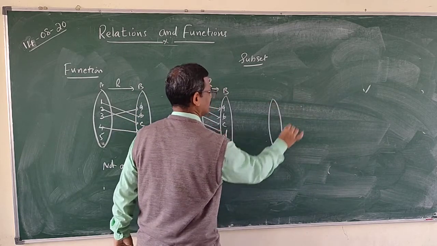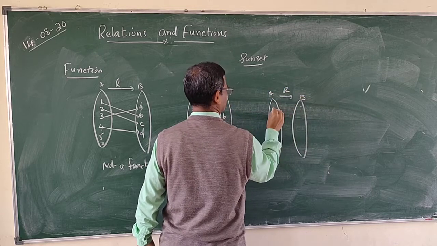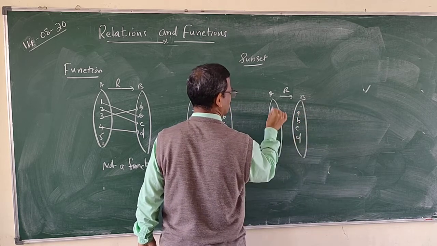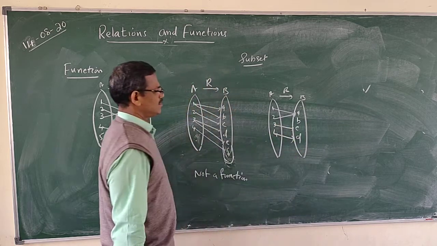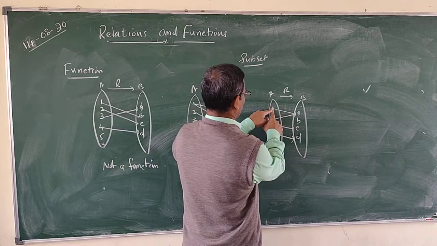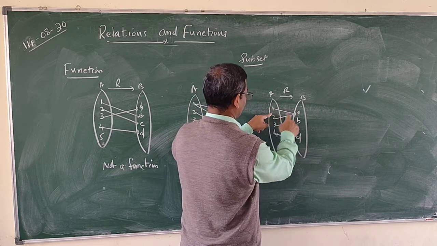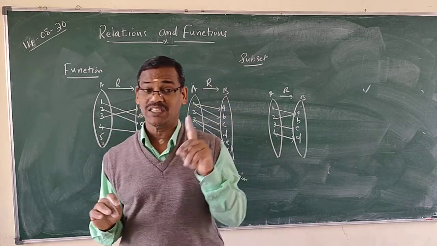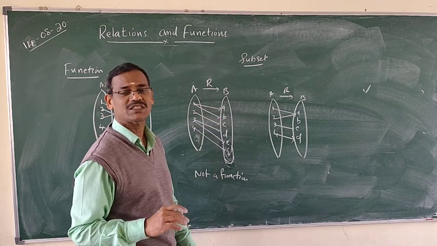Now I take another. All elements have a connection. 1 is connected with A, 2 is also connected with A. Doesn't matter, the definition is still valid. The definition says each and every element of the first set is connected with one and only one element of the second set.